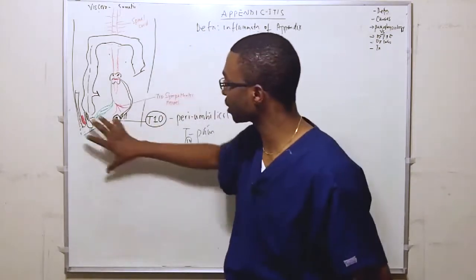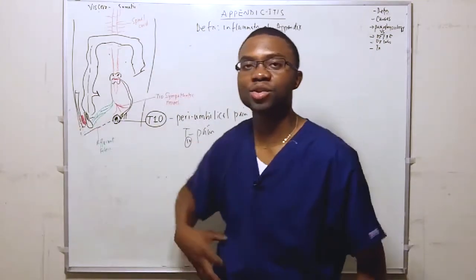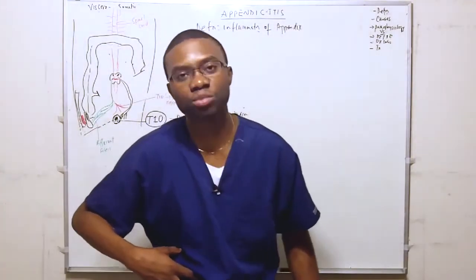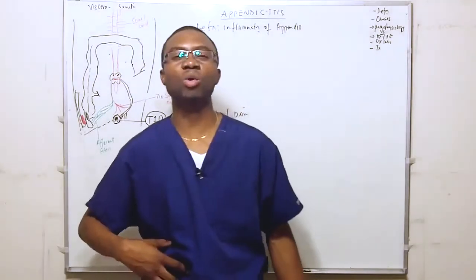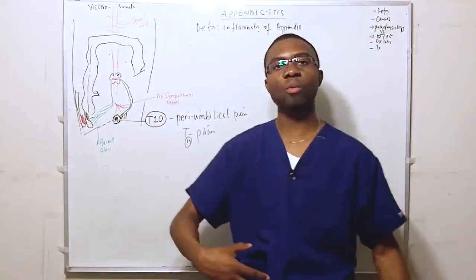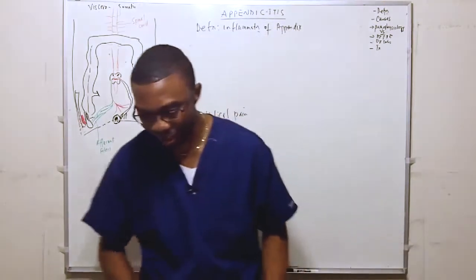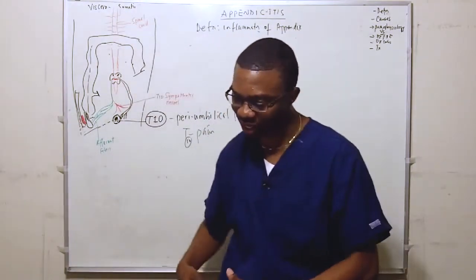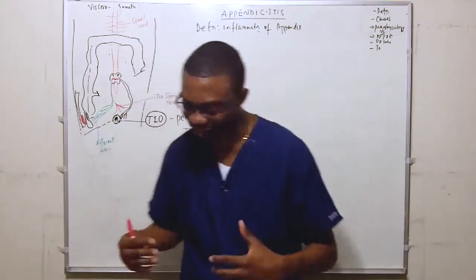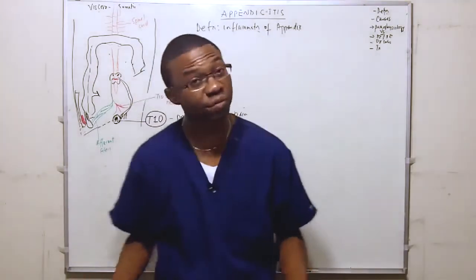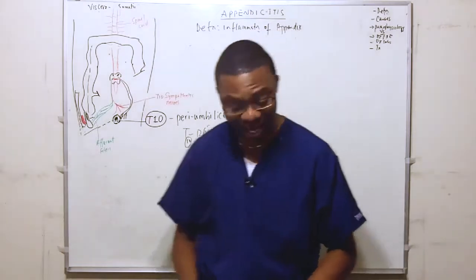Because now the inflammation is so much, it transmits to the wall. It's transmural inflammation, and there you get right lower quadrant. That's why you get the periumbilical pain transmitting down to the right lower quadrant. That is the pathophysiology. Now it's more localized, more intense, very painful. That is the pathophysiology of appendicitis.